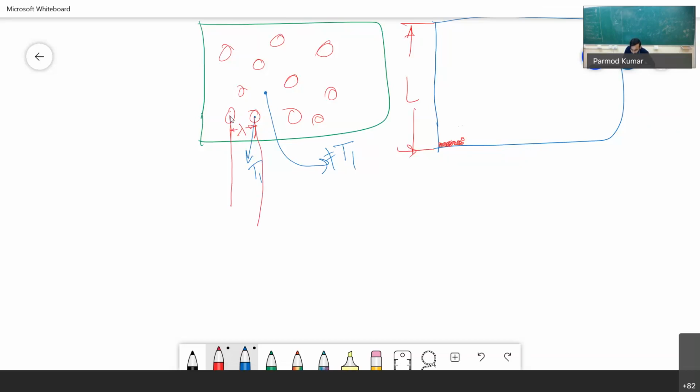So let us consider this is my lambda, and this is L. Whatever the comparison between L and lambda we have, because of that our molecules will have an arrangement something like this.